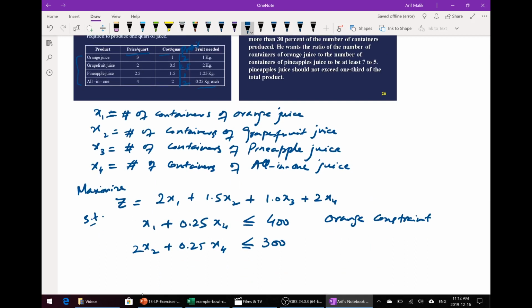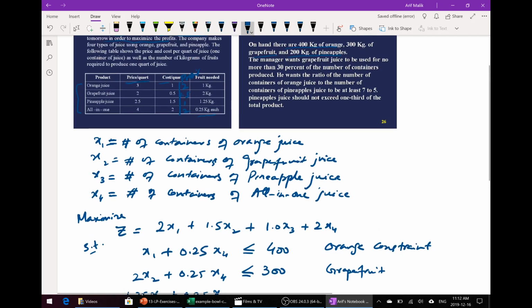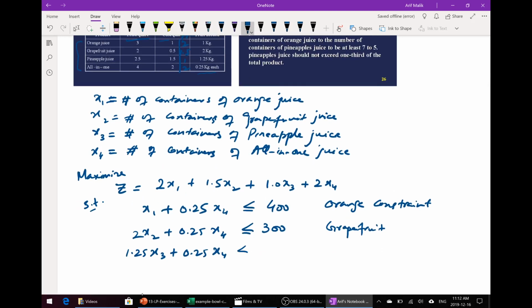So this is for grapefruit. And then we have 1.25 kilograms needed for pineapple, x3, plus pineapple is also used in all-in-one, so 0.25x4, and the total pineapple available is 200 kilograms. So this is pineapple.